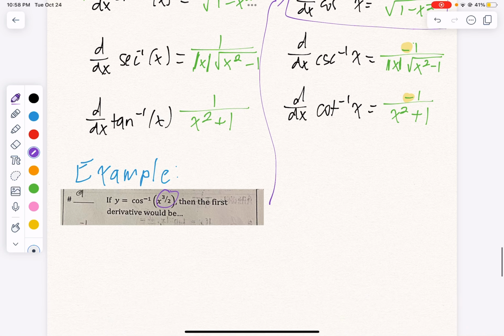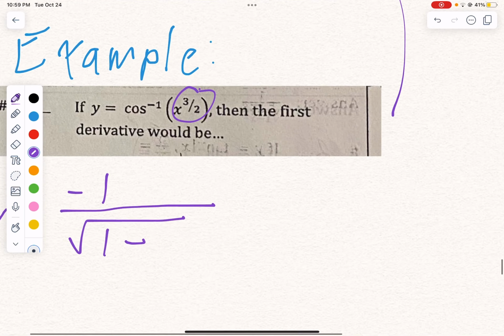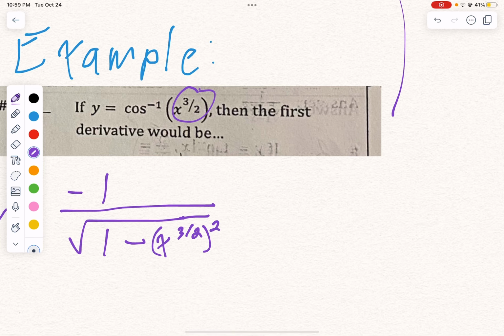So let me put y prime equals negative 1 over the square root of 1 minus x to the 3 over 2, squared.